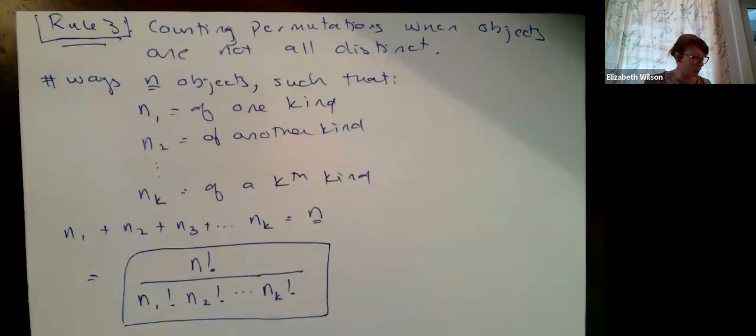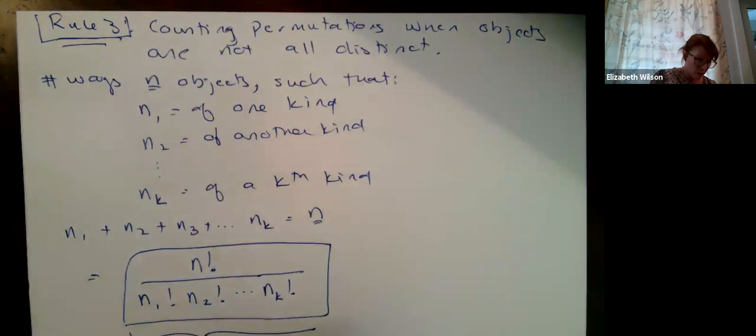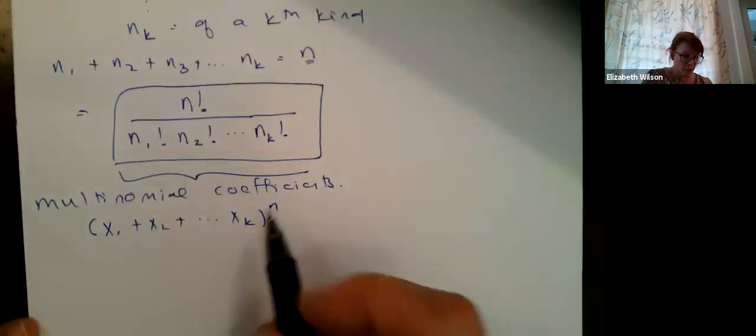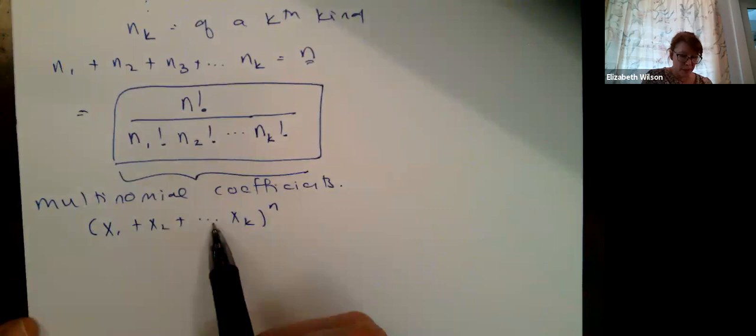By the way, this is what we call our multinomial coefficients. So say for example, I've got x1 plus x2 plus up to x sub k raised to the nth power.